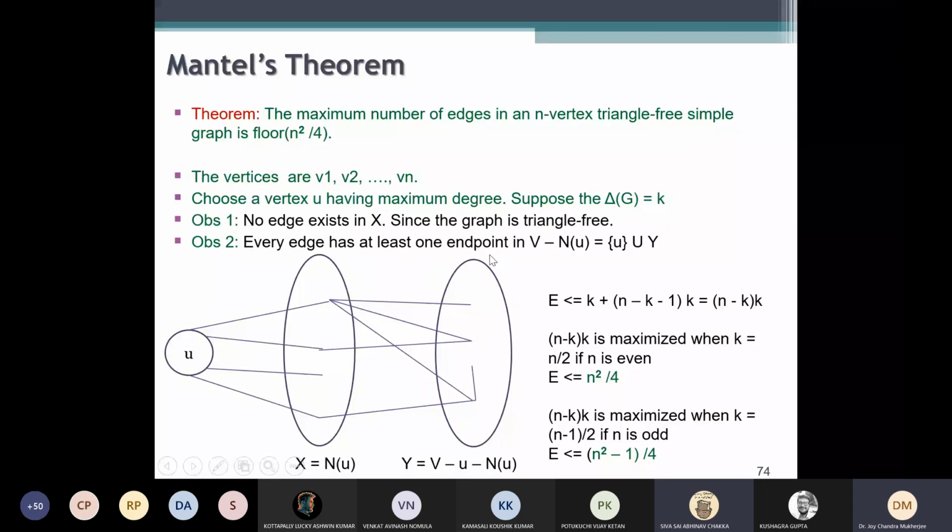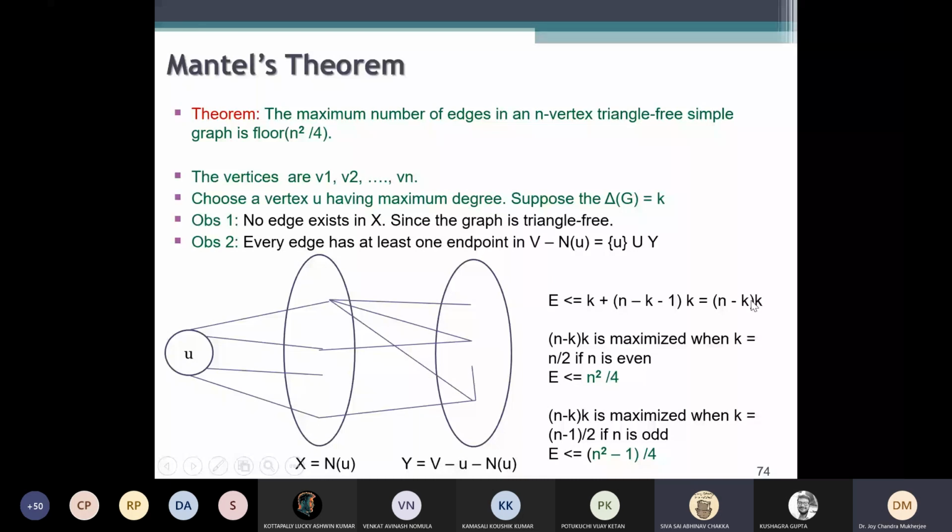That is n minus K minus 1. For each of these vertices, the maximum degree could be K, because we know that delta G is K. If we sum them up, it turns out to be n minus K into K. So the number of edges in an n vertex triangle-free simple graph follows this inequality: E is less than or equal to n minus K into K.